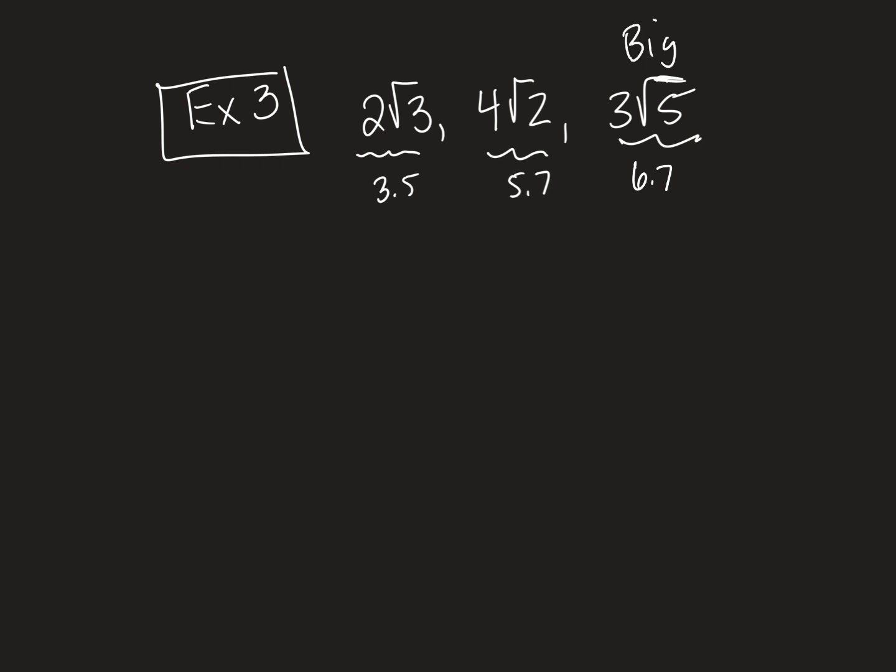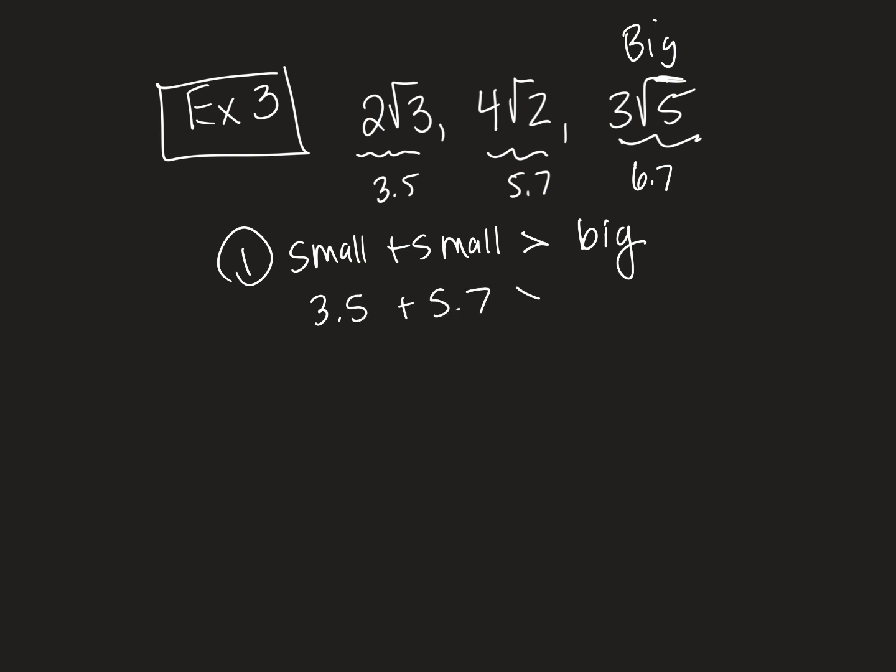All right, so step 1, small plus small should be larger than the big. So 3.5 plus 5.7 has to be larger than 6.7. If we add this together, we get 9.2, which is greater than 6.7. So yes, a triangle exists.